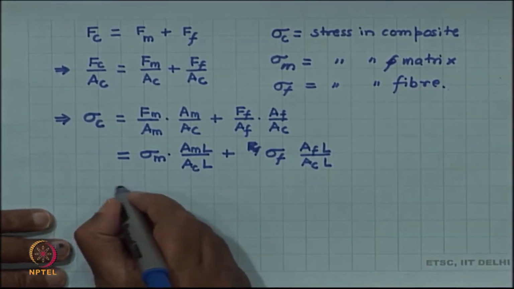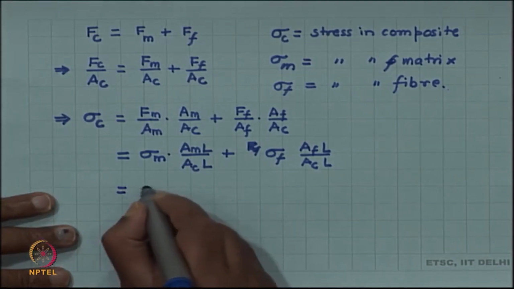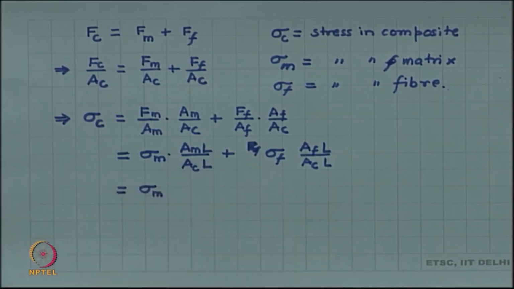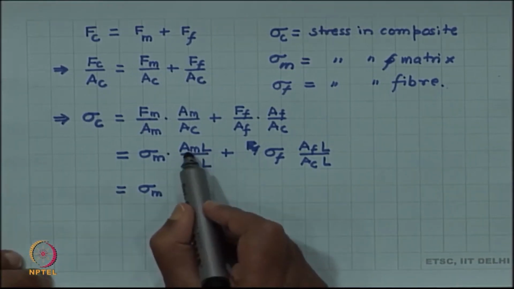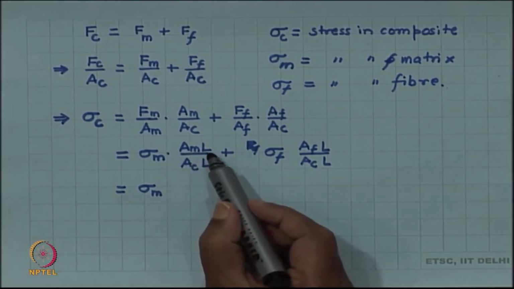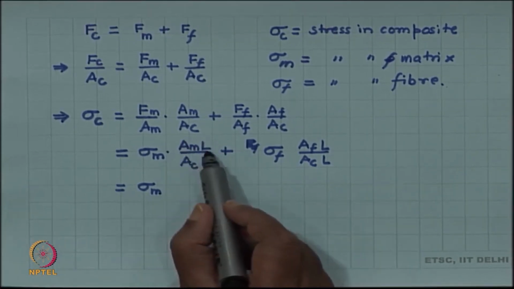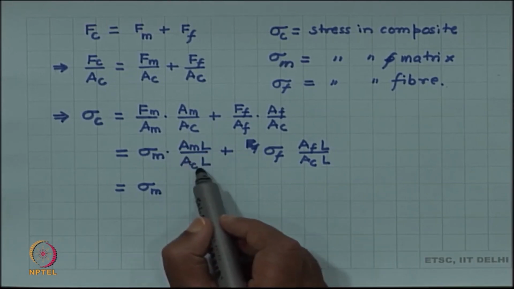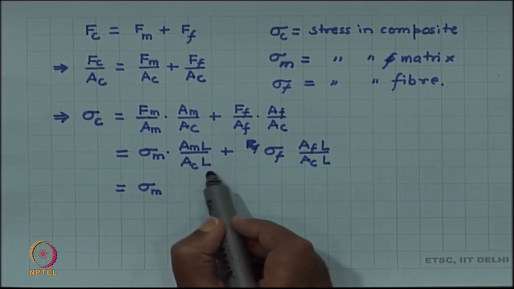Now, you can see this can further be converted into, what is this quantity, say AML. AM is the cross sectional area of the matrix and it is being multiplied by the length of the matrix. So, AML is the volume of the matrix, whereas ACL is the volume of the composite. So, we are dividing the volume of the matrix by volume of the composite.